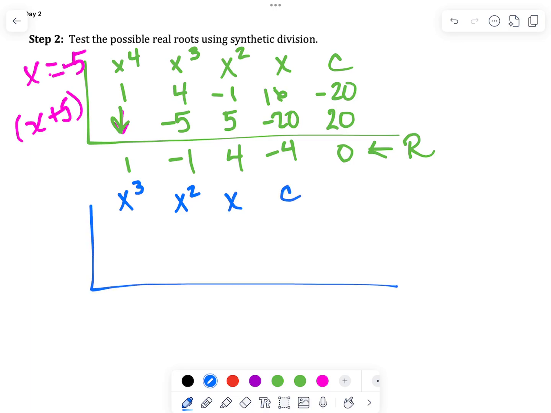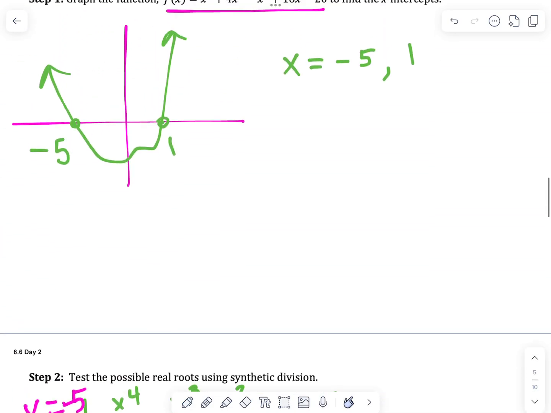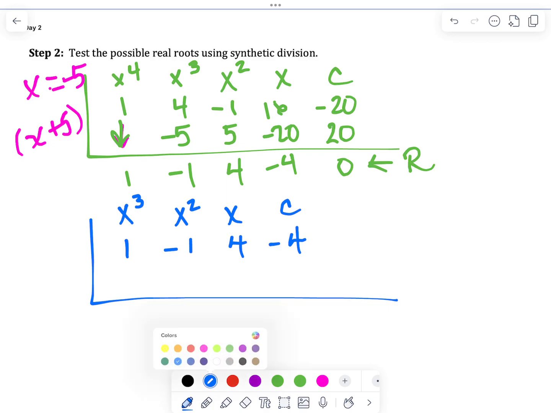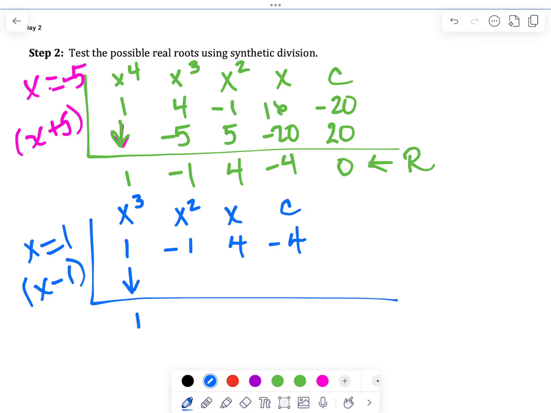And we create our box. We bring down our coefficients of our quotient, and we do our other 0 of which is 1. As a factor, it's x minus 1. We do our synthetic division.